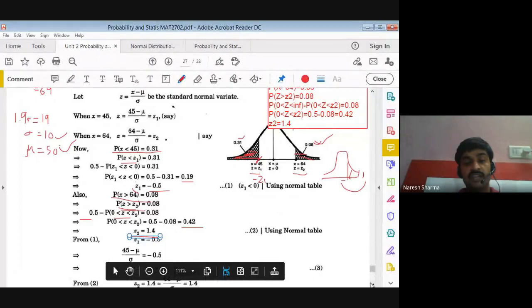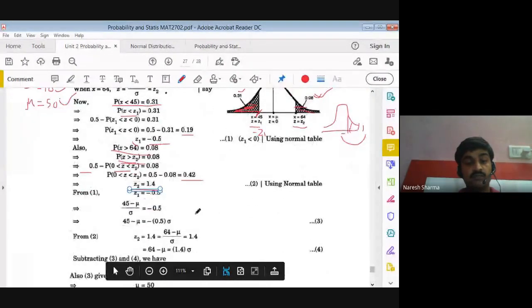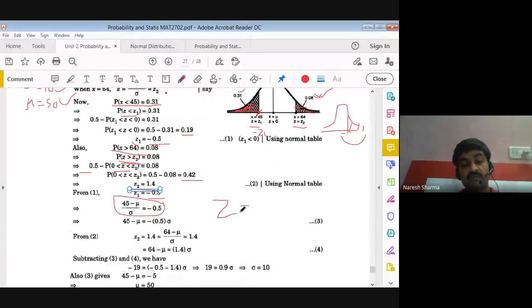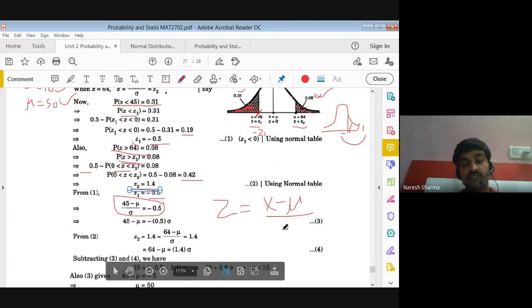So now when x is 45, z is minus 0.5. You just put in the standard formula, that is z is equal to x minus mu by sigma. So you put here 45 and minus 0.5.